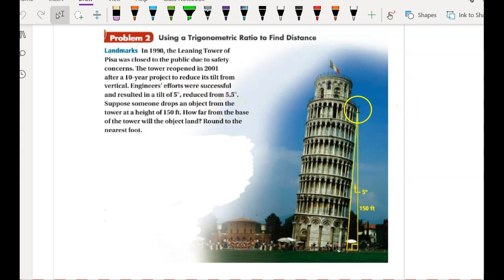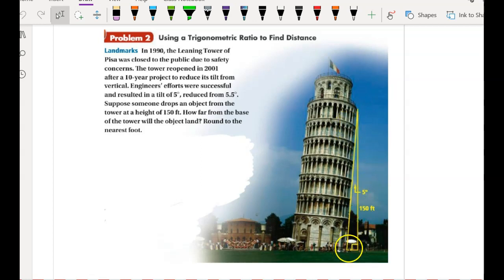Suppose someone drops an object from the tower at a height of 150 feet. How far from the base of the tower will the object land? Round to the nearest foot. Okay, so if somebody's up here and they drop it down 150 feet, how far from the base is it going to be?